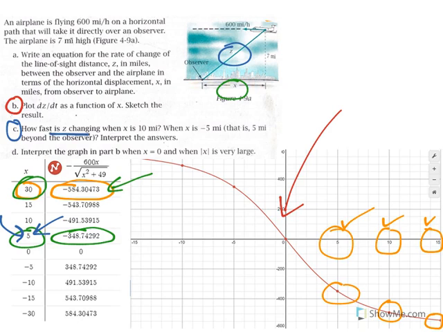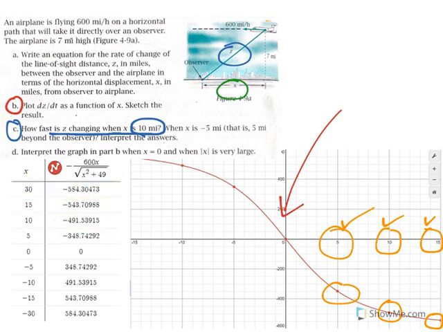Look at part C. How fast is z changing when x is equal to 10 miles? So you just look at this table. When x is 10 miles, the distance between the plane and the observer is decreasing at a rate of about 492 miles per hour.